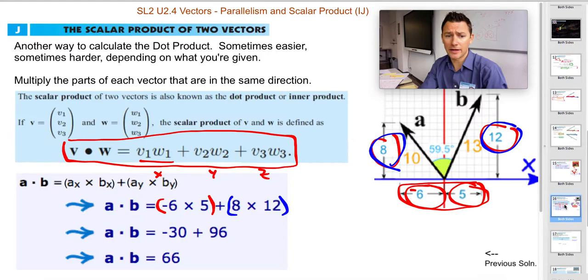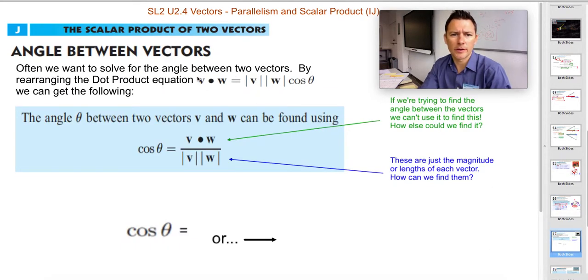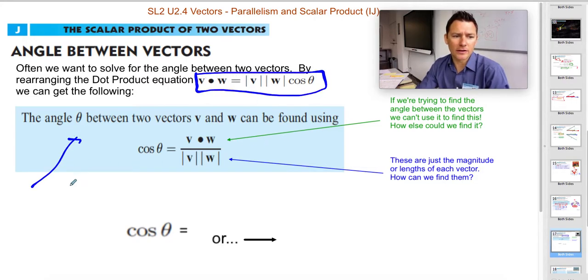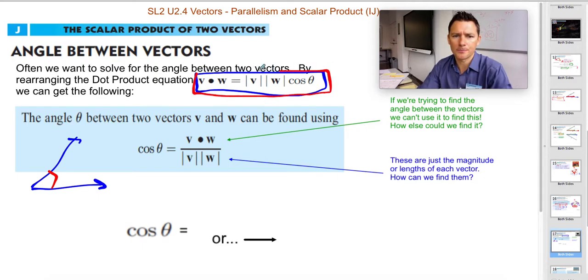We can take that same idea, and take our equation from before. Often you can find the angle between vectors. They'll say, here's a vector and here's a vector, find the angle between them, and you can use that with this. We just took our dot product and solved for cosine theta, and so it changes our equation around.